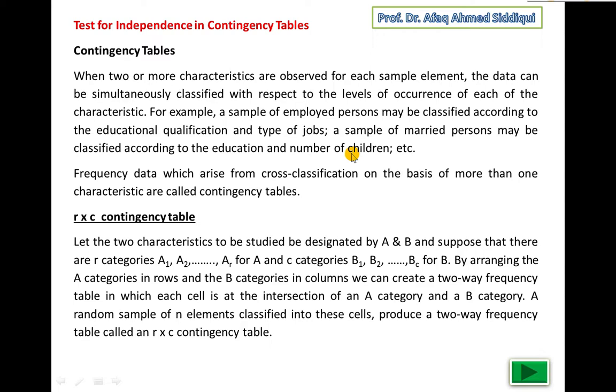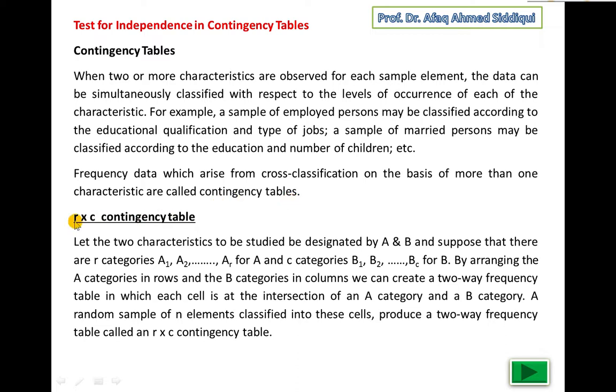So when we represent two characteristics or criteria of classification in the form of a table in rows and columns with the help of frequencies or observations, the table is called a contingency table. So what is a contingency table? Frequency data which arise from cross classification, that is, in rows and columns on the basis of more than one characteristic, are called contingency tables.